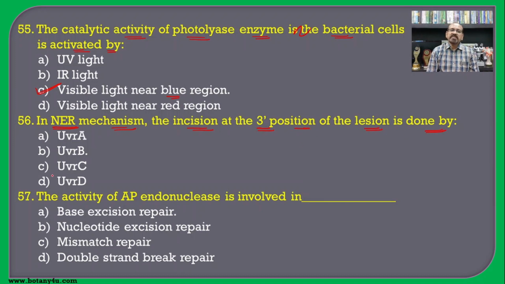If you see the complete mechanism of nucleotide excision repair, you will find that UVRB is involved in the introduction of the incision at the 3' position. The activity of AP endonuclease, that is apurinic or apyrimidinic endonuclease, is involved in the base excision repair mechanism, and hence it is the correct answer.